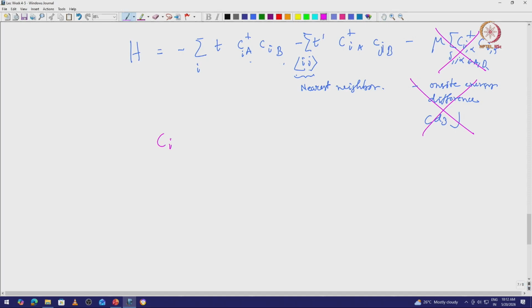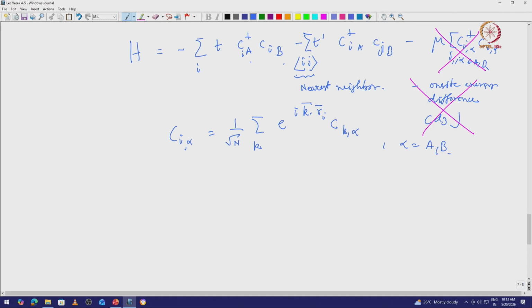Then if we Fourier transform, okay, and alpha would correspond to A and B, and we will get a band structure that will be, let me write it in the matrix form. Okay.